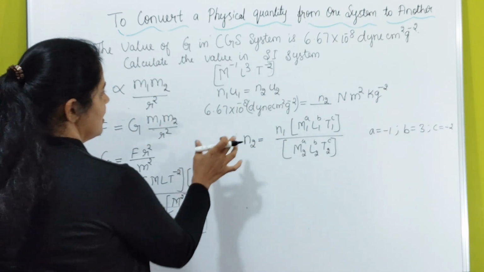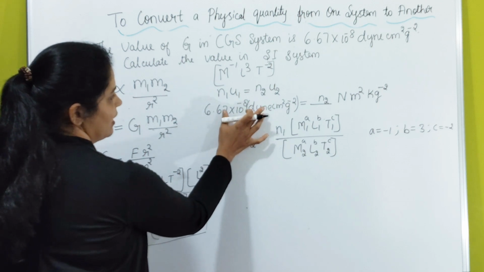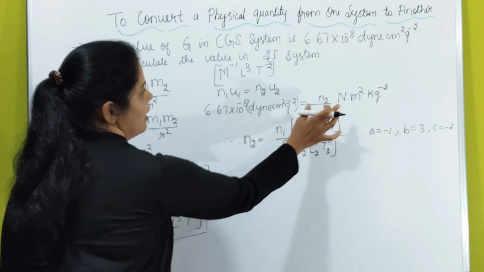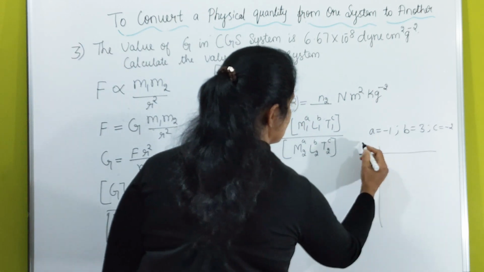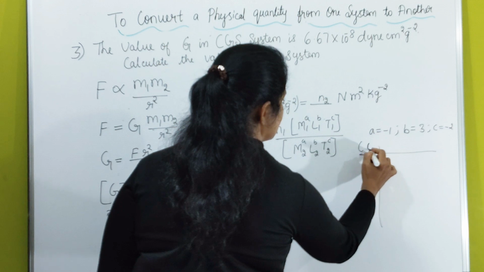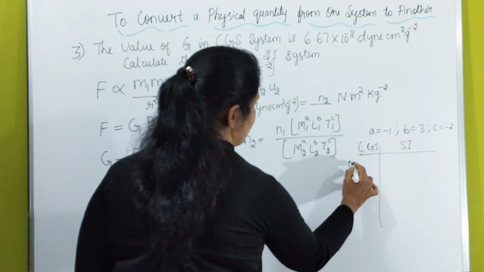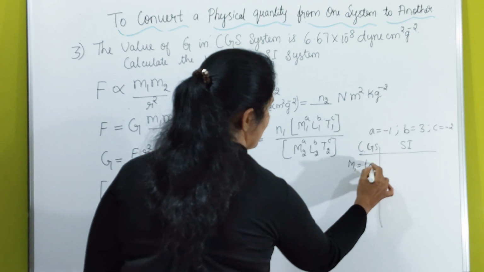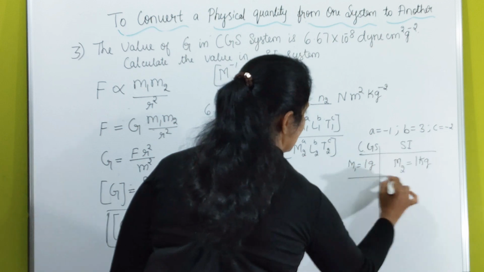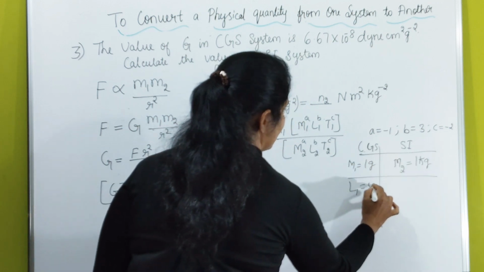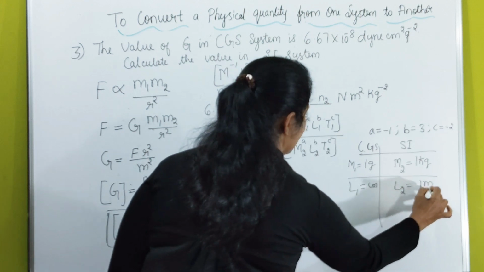So as I mentioned already, this is CGS. All 1 means it's CGS. M1, L1, T1, all these are CGS. This is SI. Is it clear? So first let us write CGS and SI. In CGS, M1 is 1 gram, M2 in SI is kg, L1 is in centimeter, L2 is in meter.